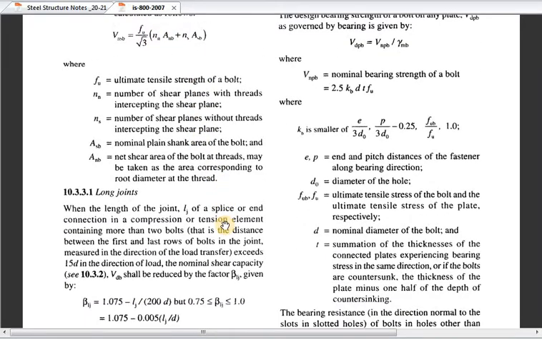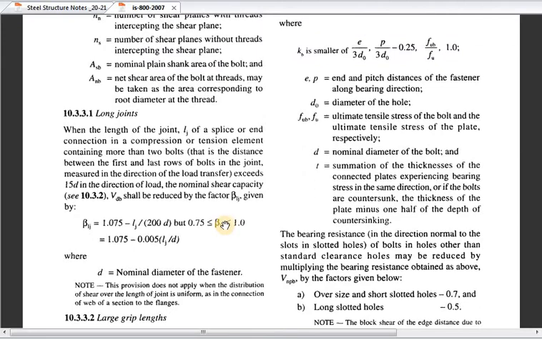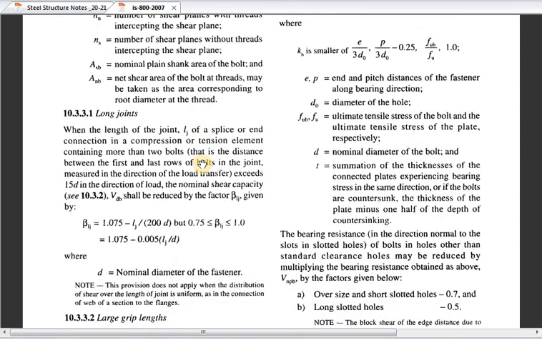In today's lecture, the important concept I am looking forward to is the extra factors of safety that have to be taken care of. Here is the complete formula, but we have to take care of extra things when extra material is required to join the plates, when there is a long joint.